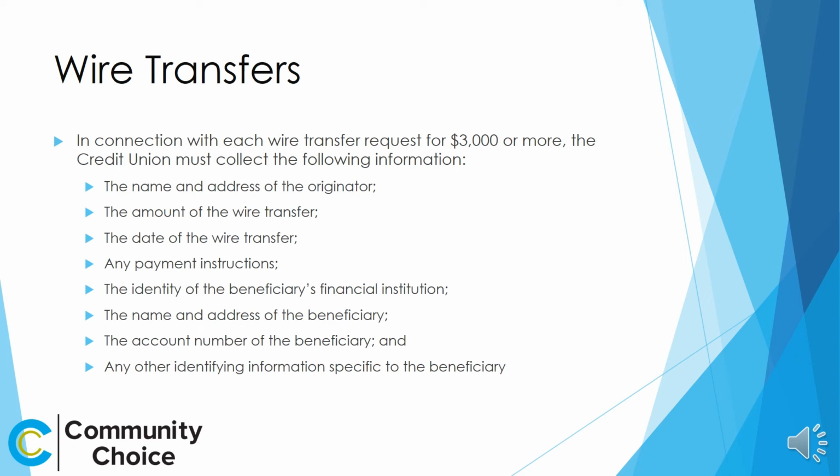Number 2, the amount of the wire transfer. Number 3, the date of the wire transfer. Number 4, any payment instructions provided by the originator. Number 5, the name of the beneficiary's financial institution. Number 6, the name, address, and account number of the beneficiary. And number 7, any other identifying information specific to the beneficiary.